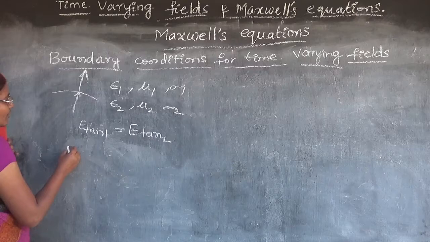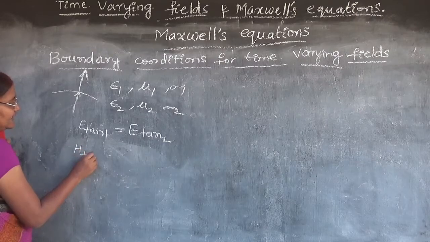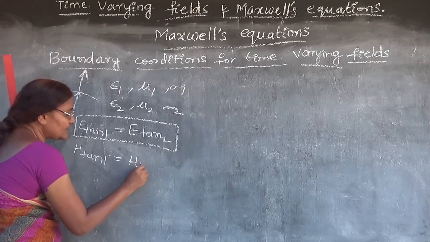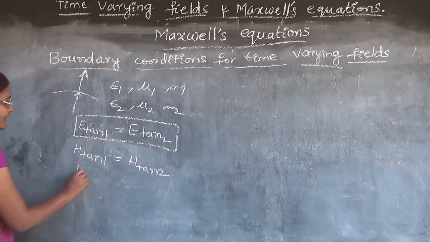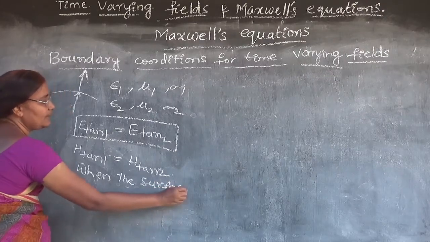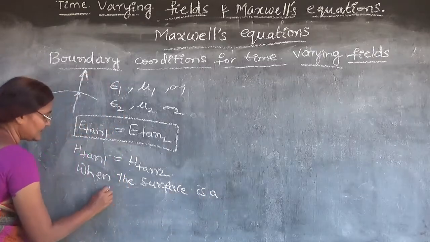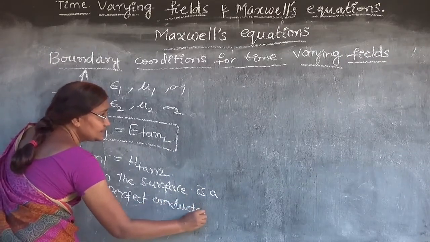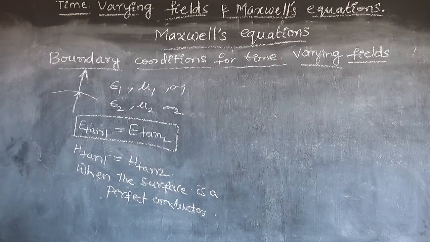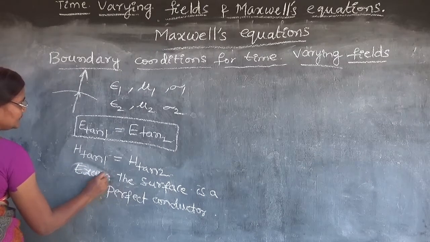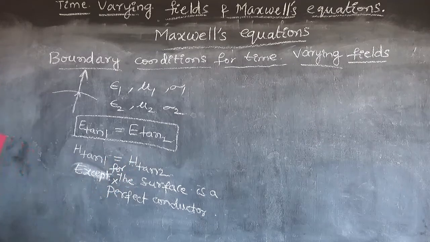Whereas for the tangential component of the magnetic field intensity, H tan 1 is equal to H tan 2, except for a surface which is a perfect conductor.